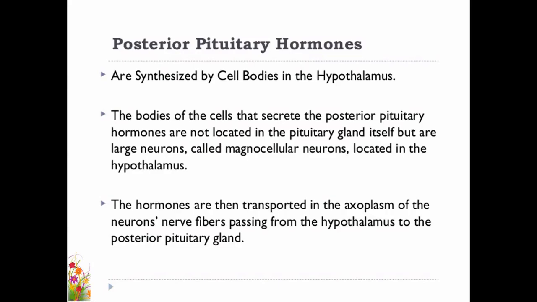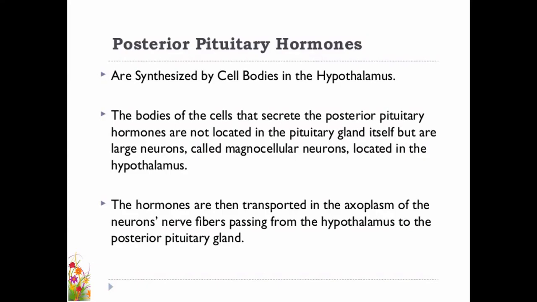And the second point, the bodies of the cells that secrete the posterior pituitary hormones are not located in the posterior gland, but their large neurons, which can be called magnocellular neurons, are located in the hypothalamus. Okay, simply, the cell bodies that secrete the posterior pituitary hormones are located in the hypothalamus.